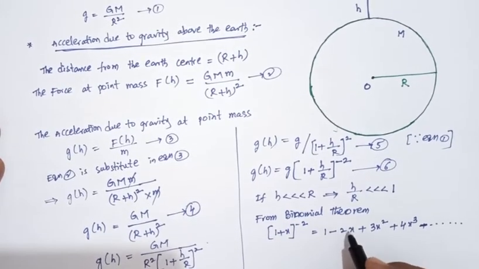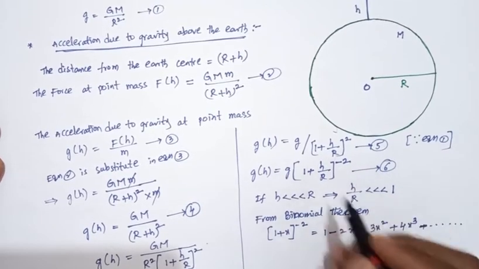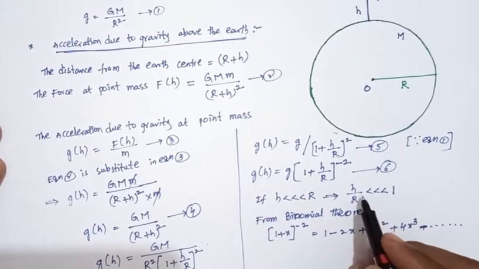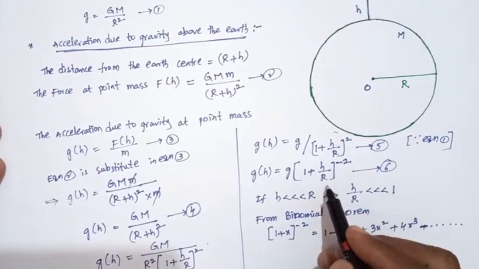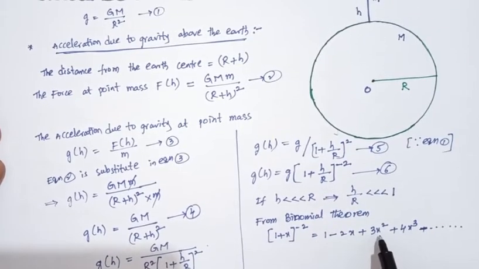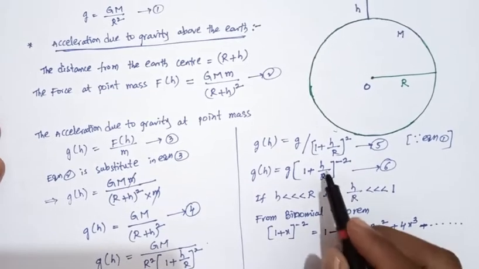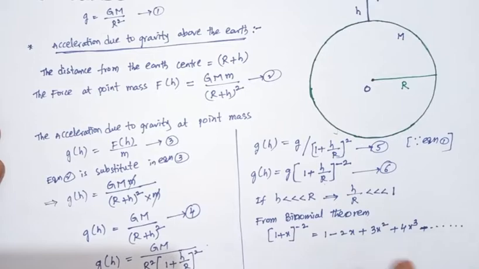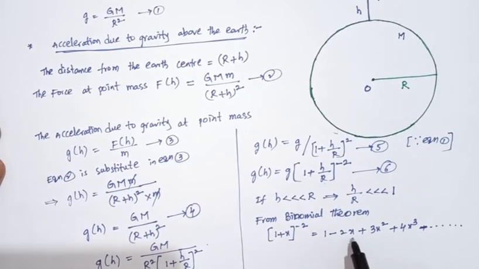Here x is nothing but h by r, and h by r is very small, much less than 1. So h by r whole square also becomes very small, so we can take only the second term.